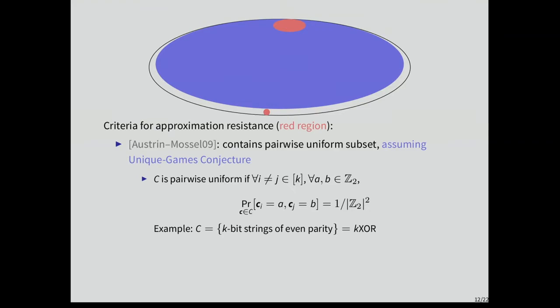In particular, Austrin and Mossel reprove the earlier result of Håstad. Except there's a catch. The Austrin and Mossel result requires a complexity assumption known as the Unique Games Conjecture, and we do not know if it's true or not.